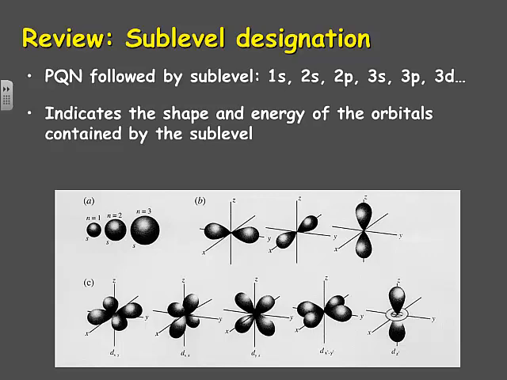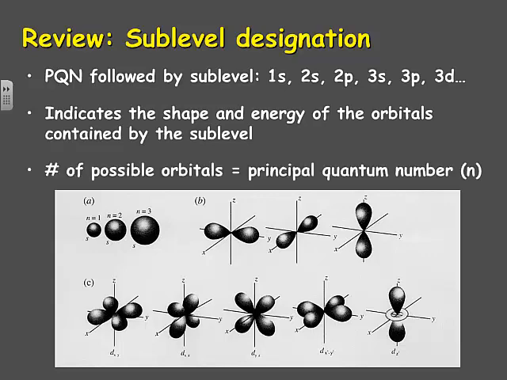We can see them depicted, at least for s, p, and d sublevels, in this diagram. The number of possible orbital shapes is equal to the principal quantum number. Keep that in mind. So if we're at the fourth energy level, that's the fourth principal quantum number, then there are 4 orbital shapes possible.